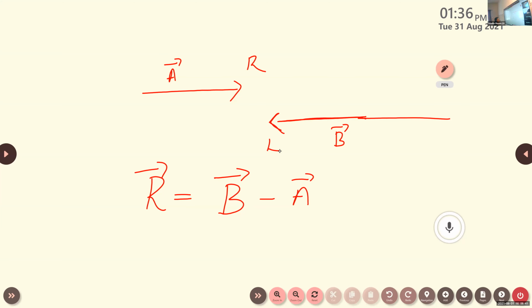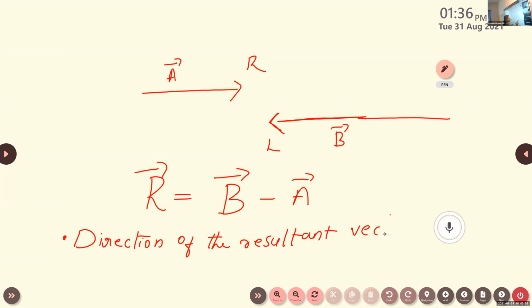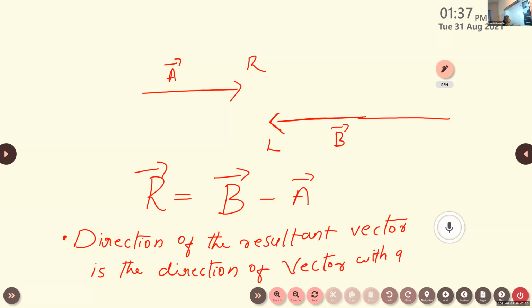Yes, because the direction of the resultant vector is the direction of the vector with greater magnitude. Okay, so all of you write the next point under this case. The direction of the resultant vector is the direction of the vector with greater magnitude.